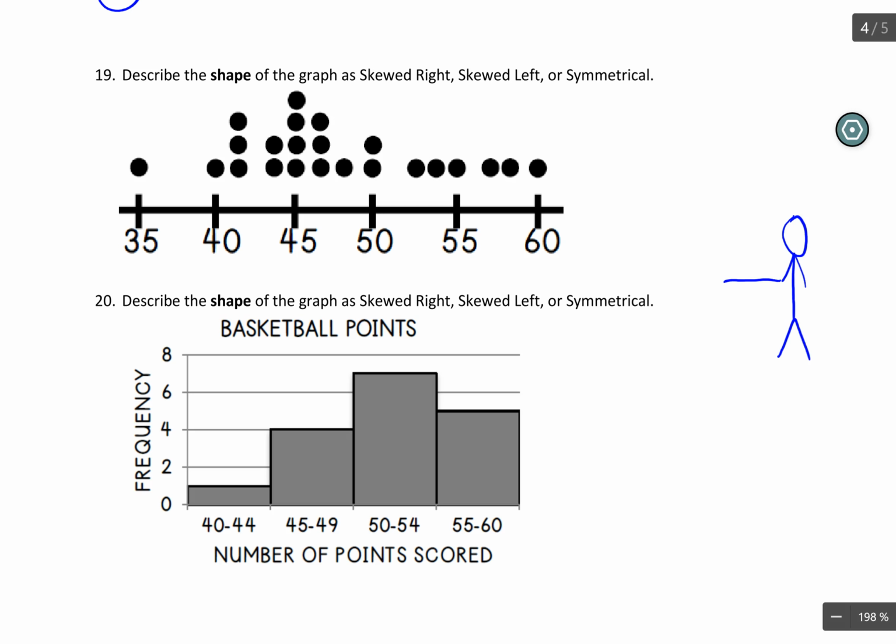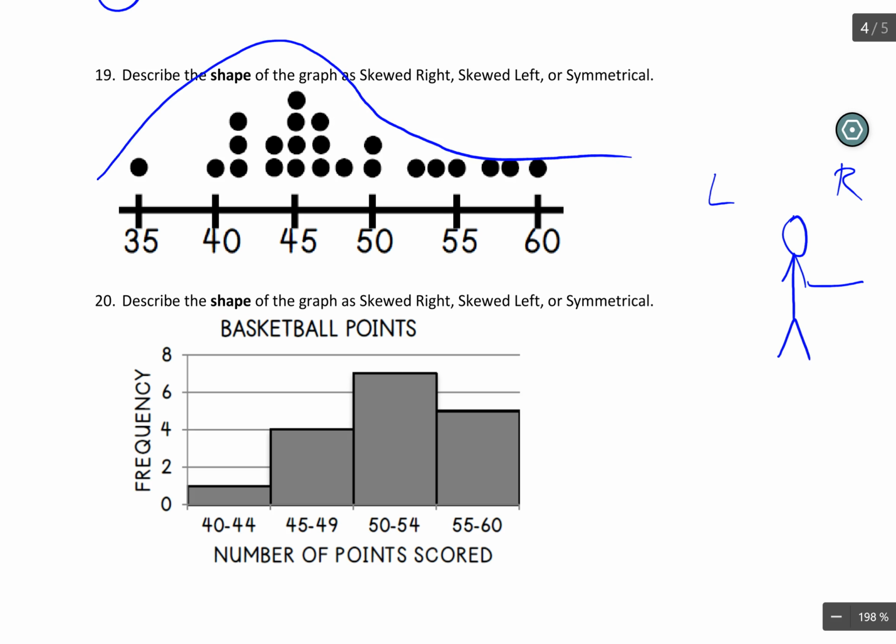So if I'm standing there holding a skewer and my skewer is facing to the left, well then my data would be skewed left. If I'm instead holding a skewer facing to the right, then my data would be skewed right. So that's kind of telling me what to look for. So I see here the shape of my data.